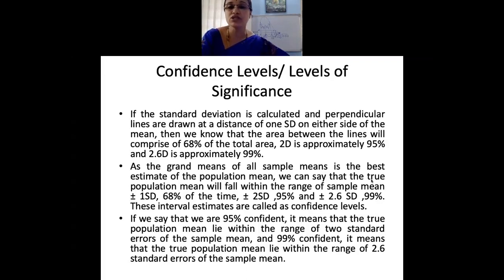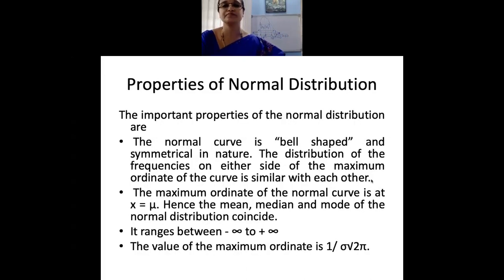Why? Because we have to find out what our level of significance is. The middle is our population mean, but our sample mean may lie in any area. So we have to decide whether we are going to take a 95% confidence level or a 99% confidence level. This is what we as researchers have to decide.